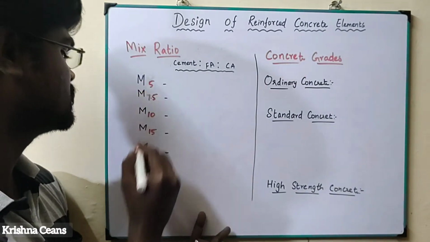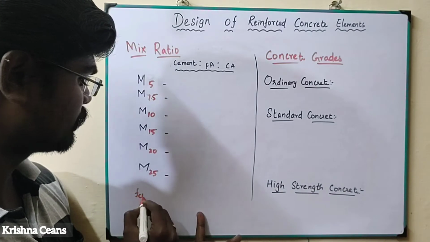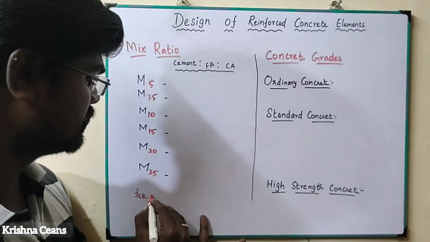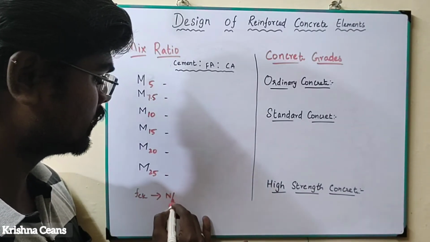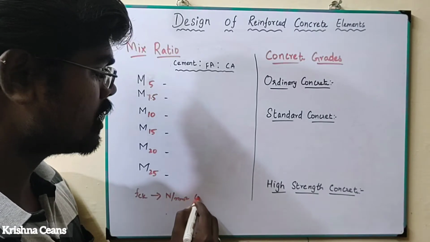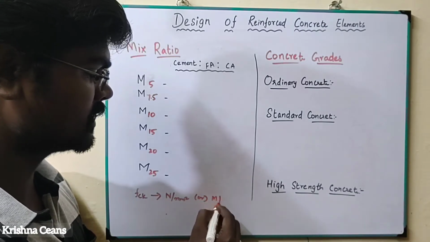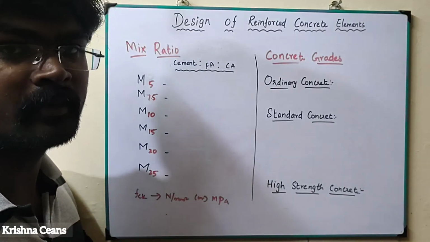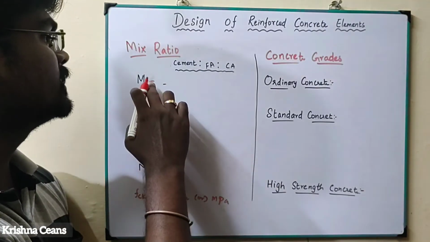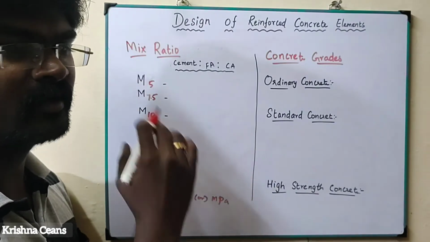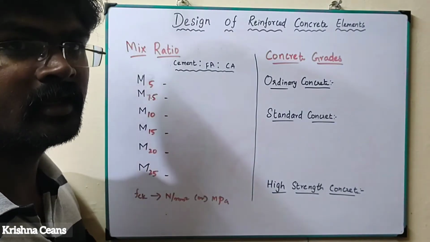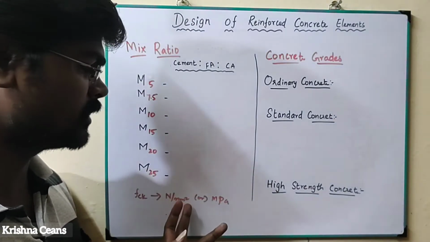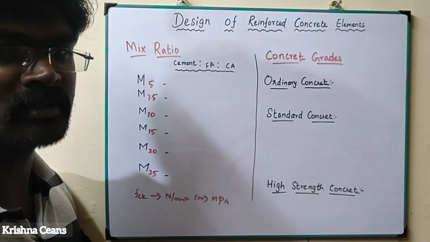We denote it as fck, the characteristic compressive strength, in Newton per mm square or megapascal. 1 megapascal is equal to 1 Newton per mm square. So an M5 grade of concrete has a strength of 5 Newton per mm square or 5 megapascal.